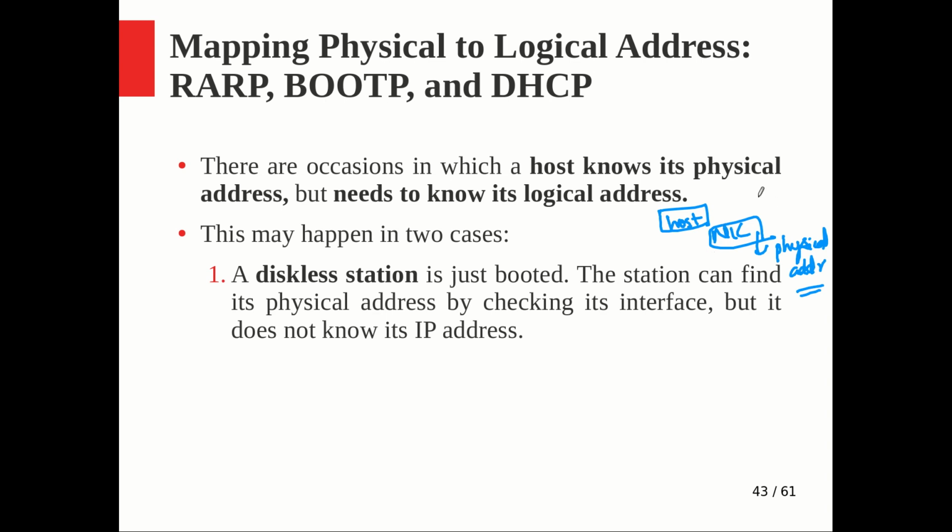But the problem is, what about the logical address? Normally the logical address is not part of the network interface card. As soon as a logical address is provided, say by the internet service provider or someone else in the network, you are supposed to keep that logical address in your ROM, inside the memory of this particular host, where it will be there permanently.